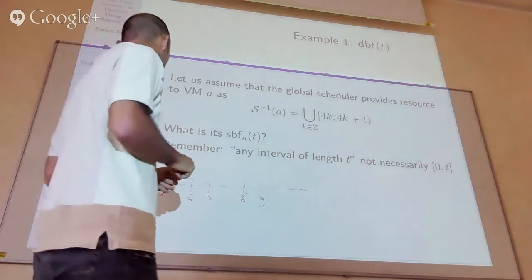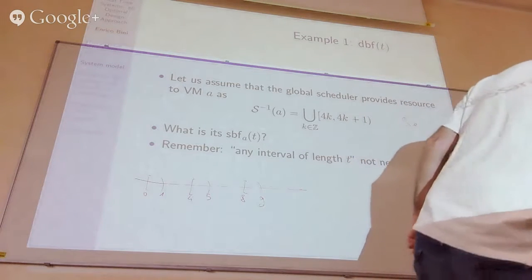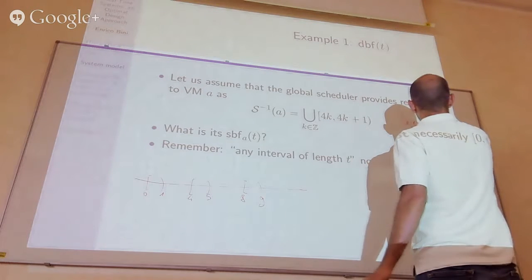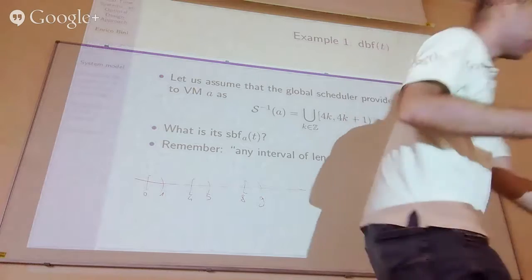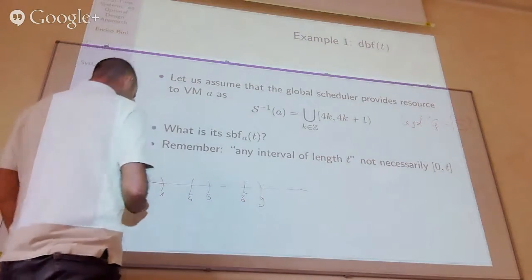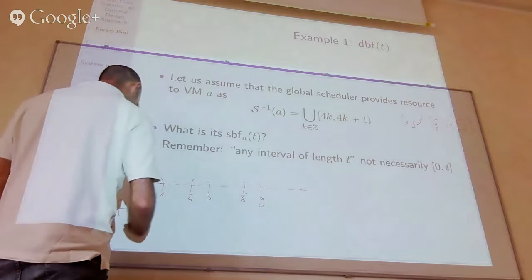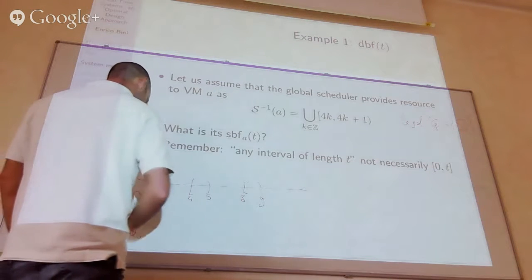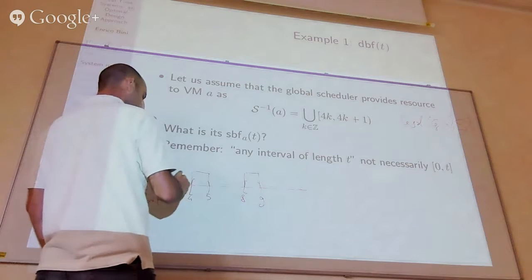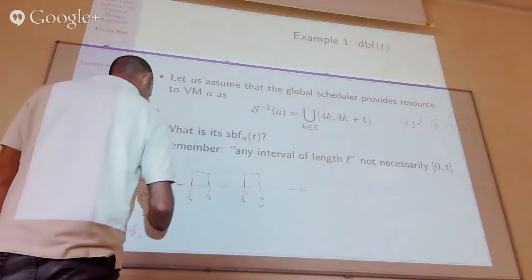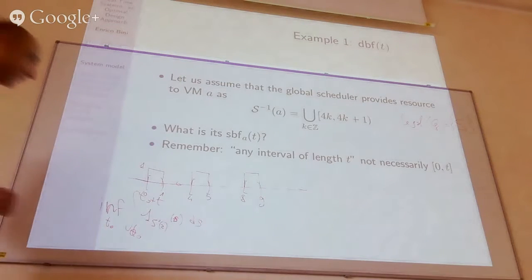So legal of G is equal just to S. Now we have to compute the infimum over T0 of the integral between T0 and T0 plus T of a function that goes 1 here and 0 here, the indicator of S minus 1 of A.